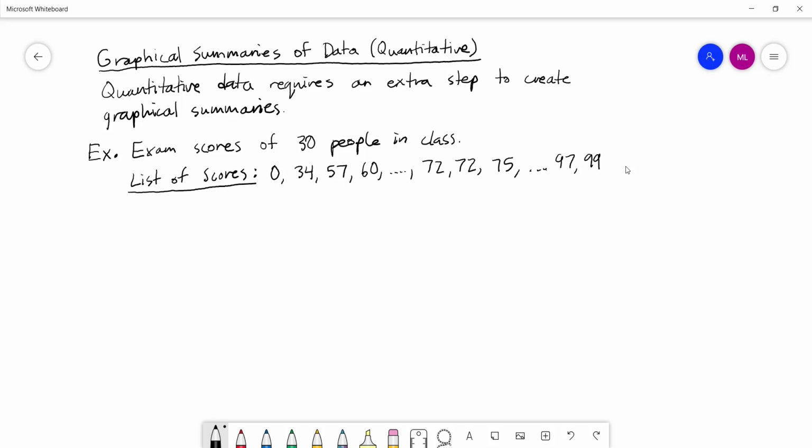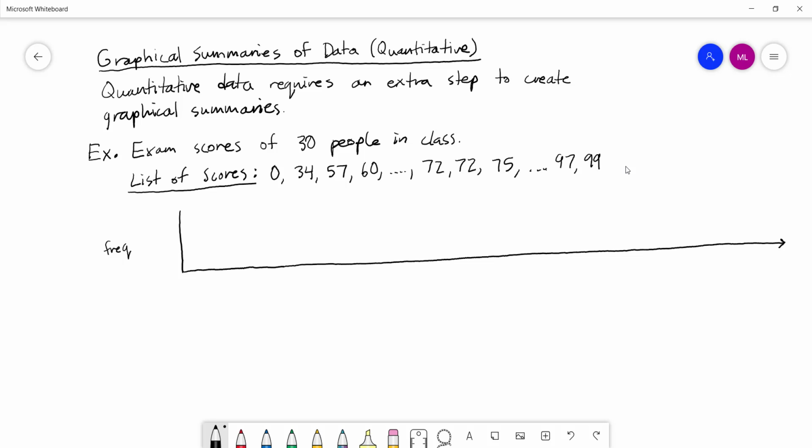So our bar graph is going to look something like this. Here is going to be the frequency, and this is going to be where our categories are, but I actually need to make this line much longer and probably basically off the page that way.